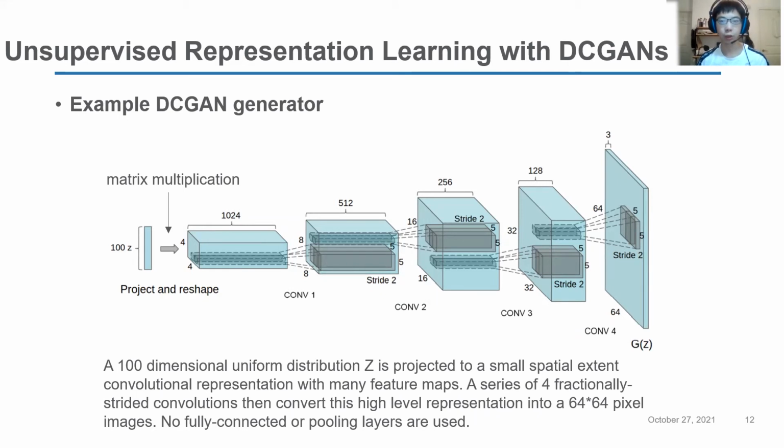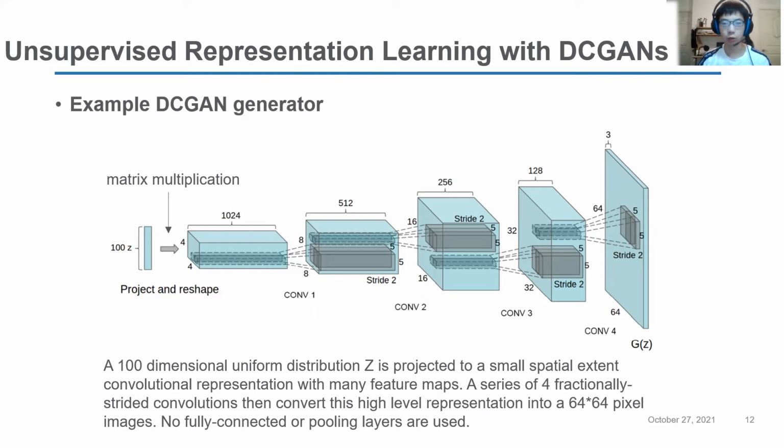After we talk about the architecture of DCGAN, this is an example of a DCGAN generator. The input is a 100 dimensional uniform distribution Z. It is projected to 1024 4 times 4 feature maps by matrix multiplication, and then a series of 4 fractionally strided convolutions convert this high level representation into a 64 times 64 pixel image.